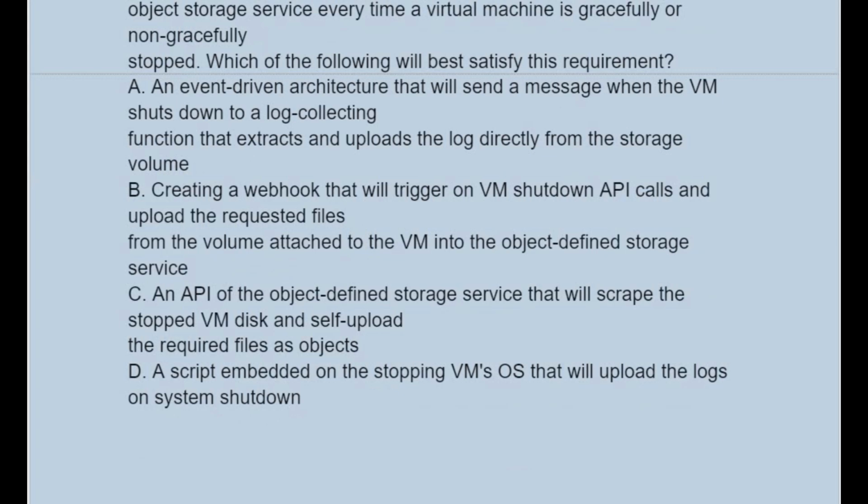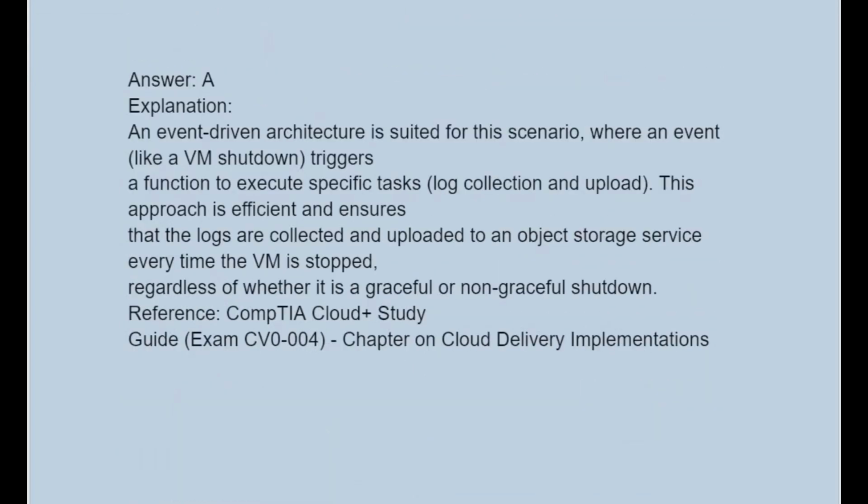Option B. Creating a webhook that will trigger on VM shutdown API calls and upload the requested files from the volume attached to the VM into the object-defined storage service. Option C. An API of the object-defined storage service that will scrape the stopped VM disk and self-upload the required files as objects. Option D. A script embedded on the stopping VM's OS that will upload the logs on system shutdown. Correct answer is option A.